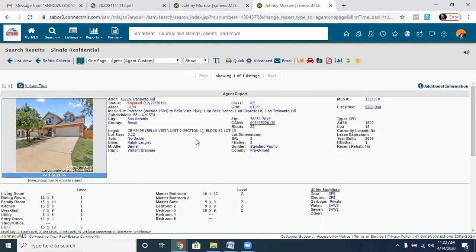Johnny, I have a question in regards to that. Which one takes precedence? I had one property where the builder had one square footage, and it was the same in the tax records.